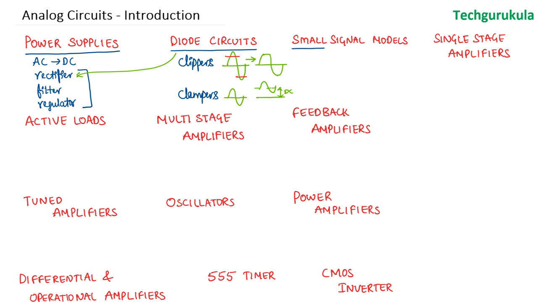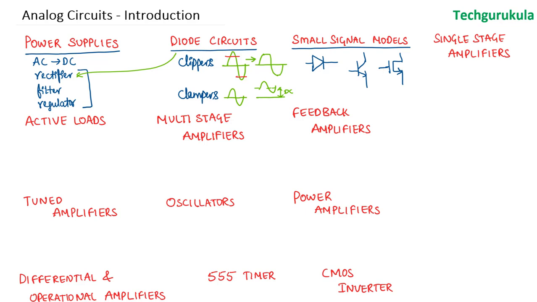Then we'll move on to the small signal models of the devices that we have discussed in electronic devices: the diode, BJT, and MOSFET. During this discussion, we will deal with where the device should be operated in such a way that it actually works as an amplifier.